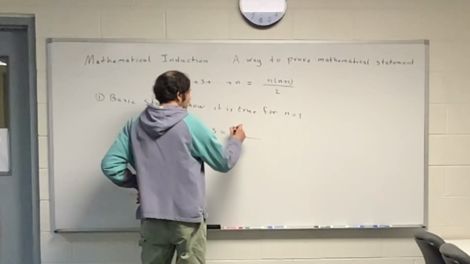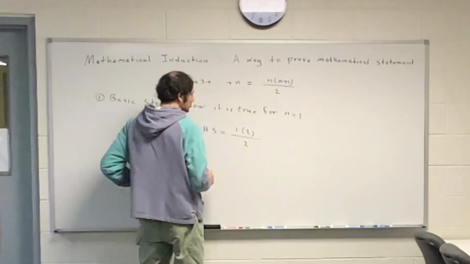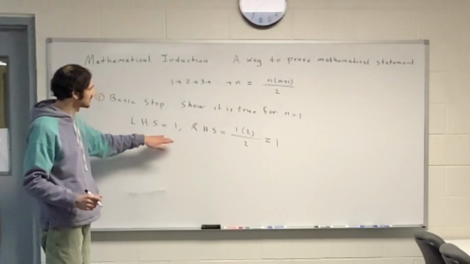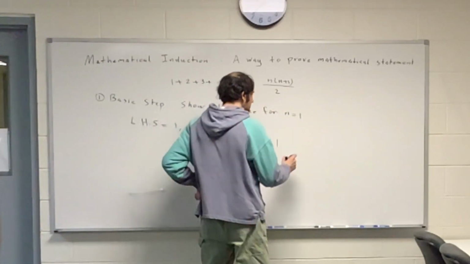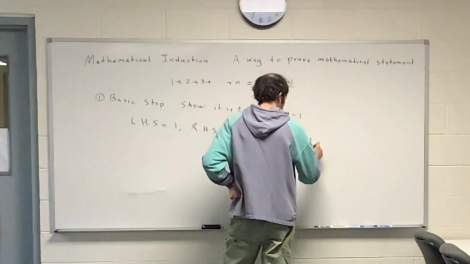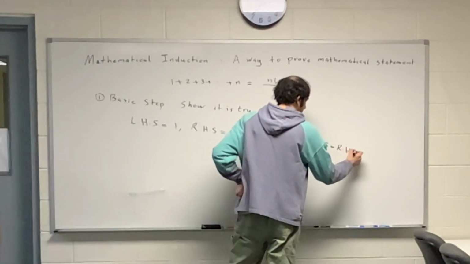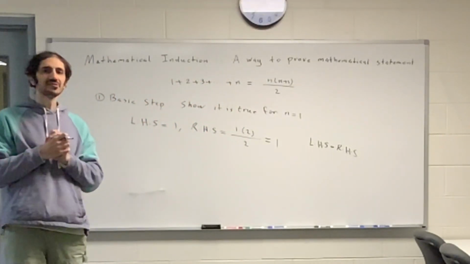So I'm going to have 1 multiplied by 1 plus 1, which is 2, divided by 2, which is again 1. As you can see, my left hand side and my right hand side are the same. So let me write this conclusion: left hand side equals the right hand side. And this is what I call the basic step, the first step.